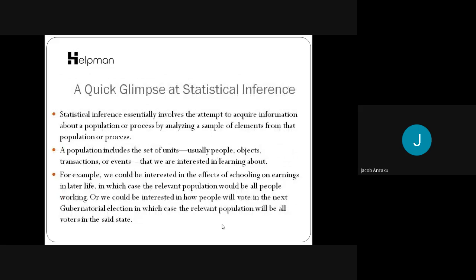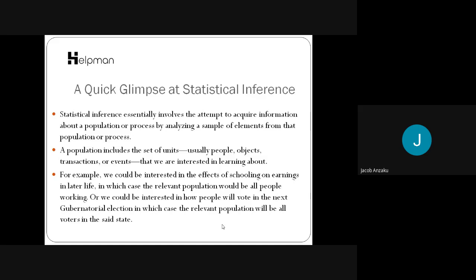Now, a quick glimpse at statistical inference. Remember we said we are looking at inferential statistics. Statistical inference essentially involves the attempt to acquire information about a population or process by analyzing a sample of elements from that population or process.